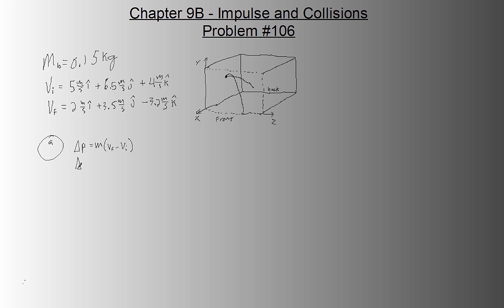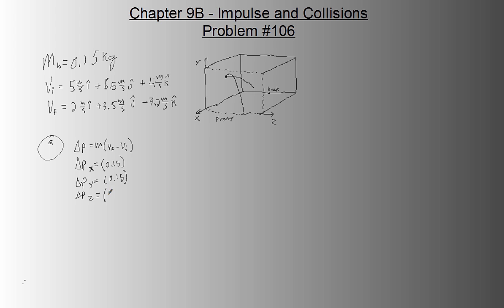So let's do delta Px. By the way, the answer in your book doesn't find the magnitude of these three dimensions. It just keeps them separate. I'm going to do it just for the fun of it. So delta Py, delta Pz.